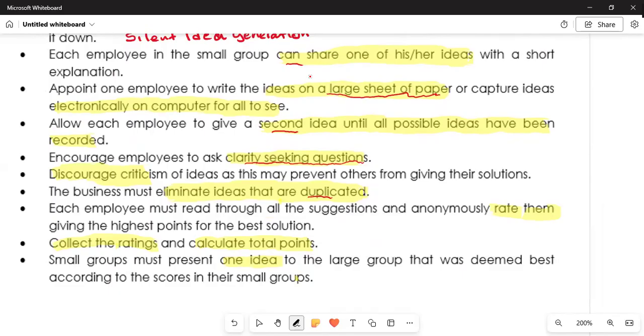Small groups must present one idea to a large group that was deemed best according to the scores in their small groups.